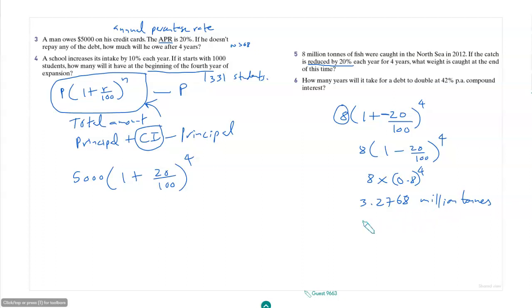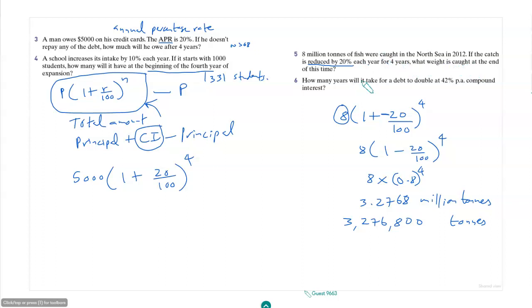You have to multiply by 1 million. So how much will you get? 3,276,800. Very good. That's the right answer. So this many tons of fish will be caught after 4 years.